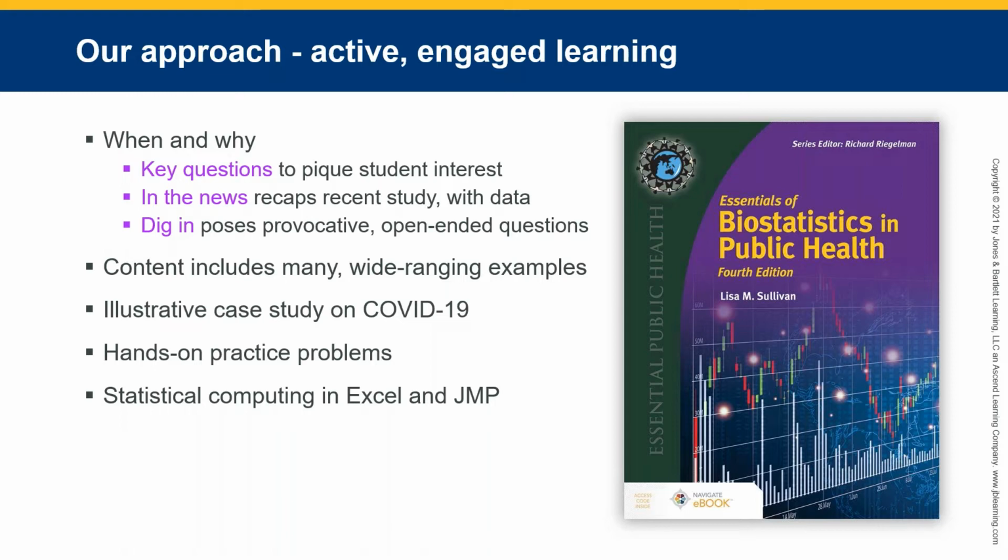We've also added in this new edition, the 4th edition, what we're calling an illustrative case study on COVID-19, where what we've tried to do is add to the end of each chapter a mini case, a small description of something that was happening around the pandemic that uses the technique that we're talking about. So, for example, in the section where we talk about 2-sample tests, we might talk about some of the clinical trials that were done to evaluate promising therapies for treating people infected with COVID.